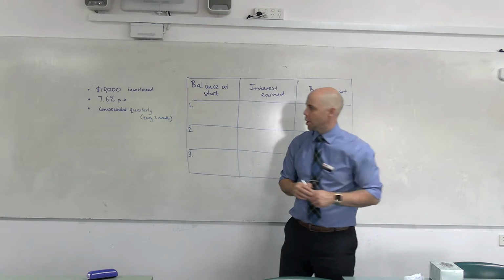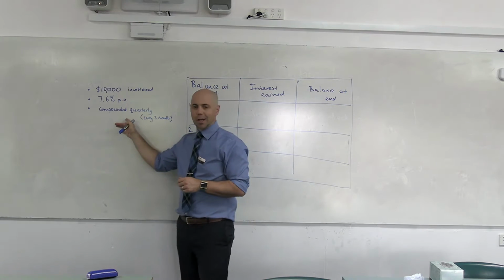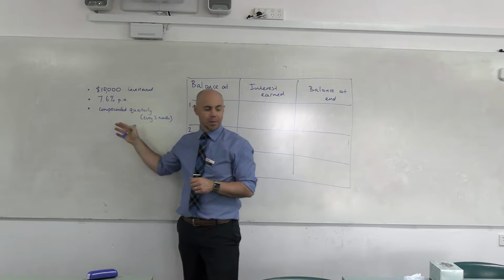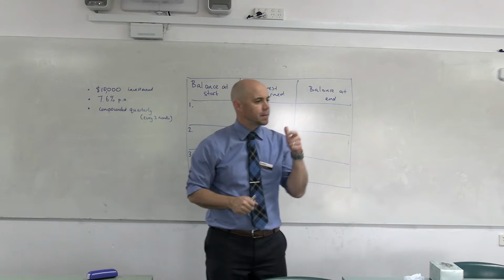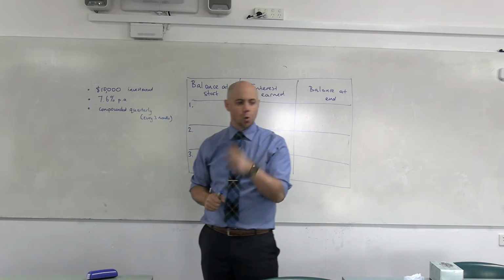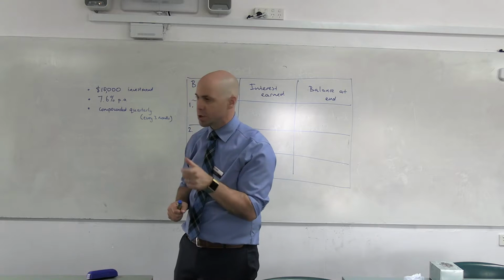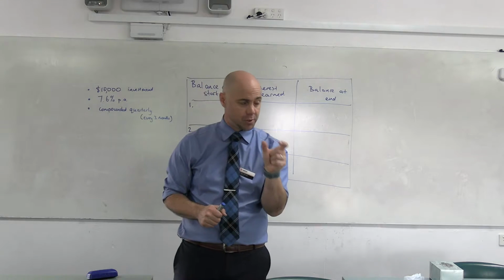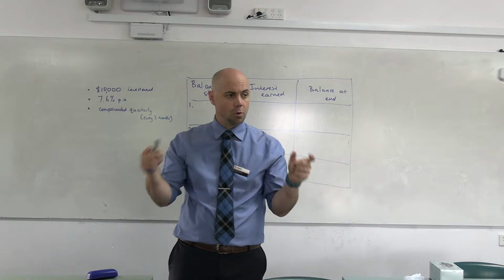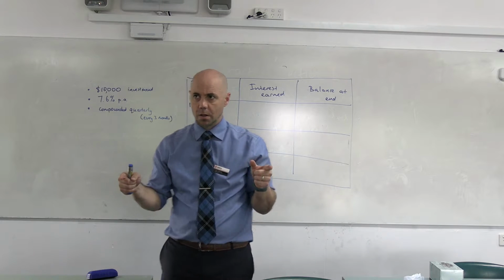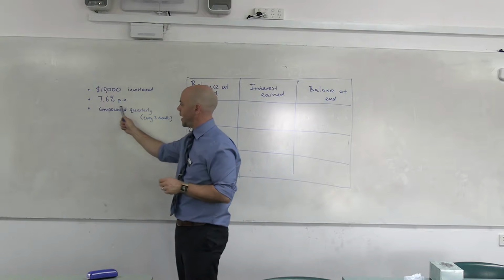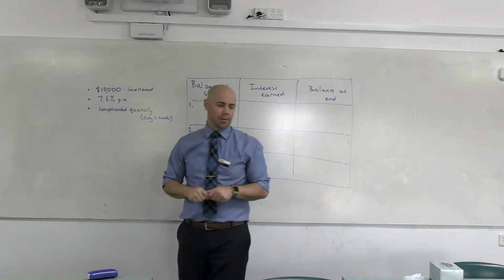Okay, and so I need to do an adjustment here first, to reflect the fact that it's compounded quarterly. So I'm going to calculate the interest earned in just 3 months, not for the whole year. How do I have to change my rate to reflect that?